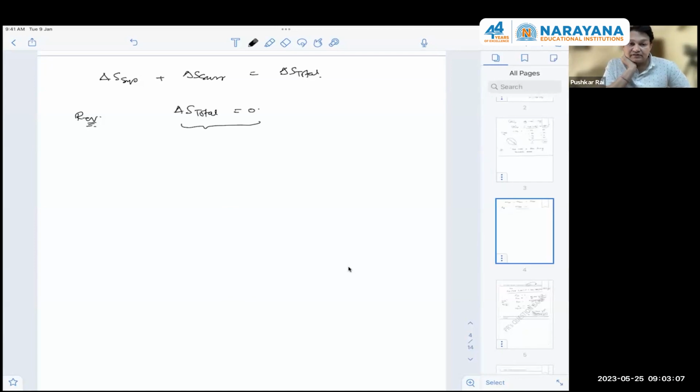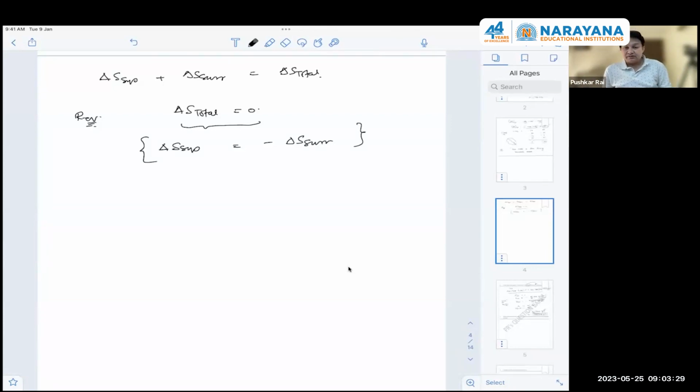That's a fact. So anytime the process is reversible, delta S system must be equal to minus delta S surrounding. So we have to figure out what kind of process this particular operation is.